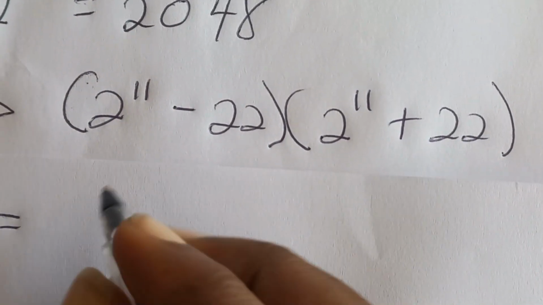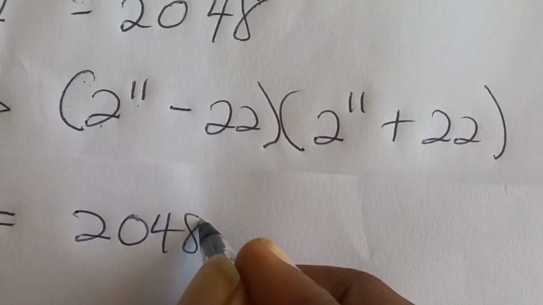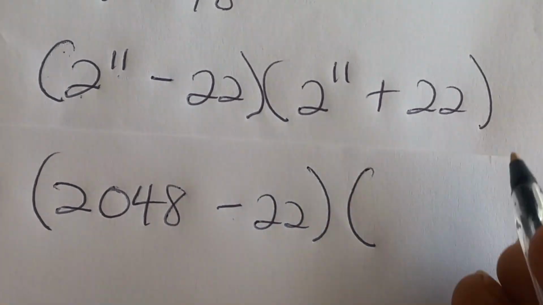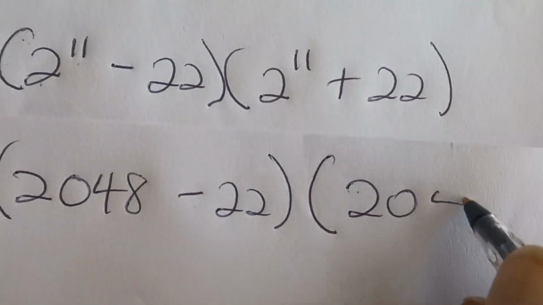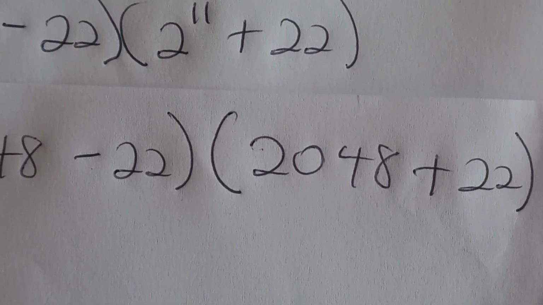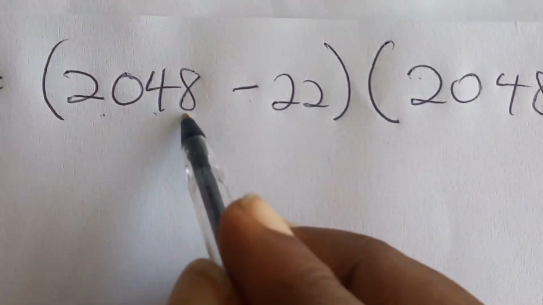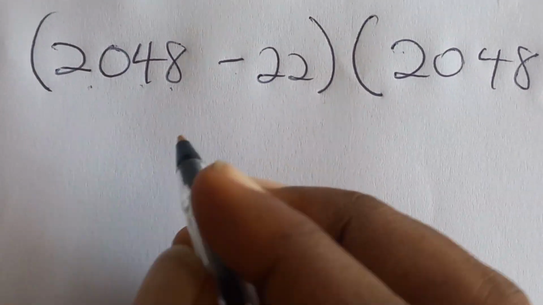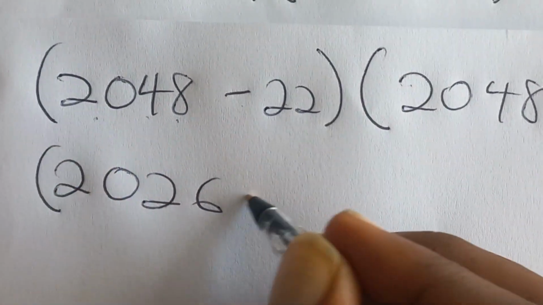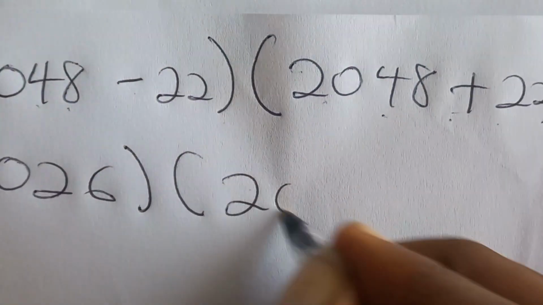It is now going to be (2048 minus 22)(2048 plus 22). 2048 minus 22 gives us 2026, and 2048 plus 22 gives us 2070.